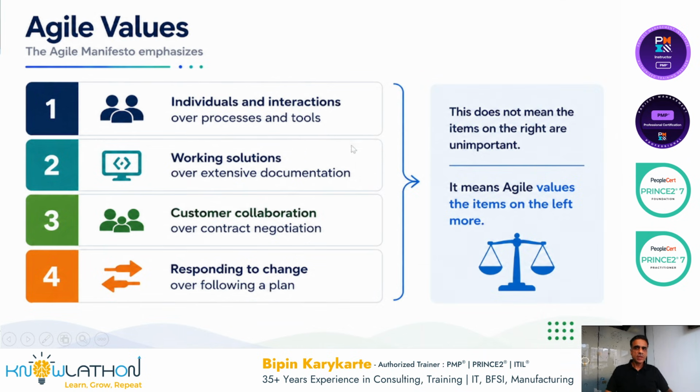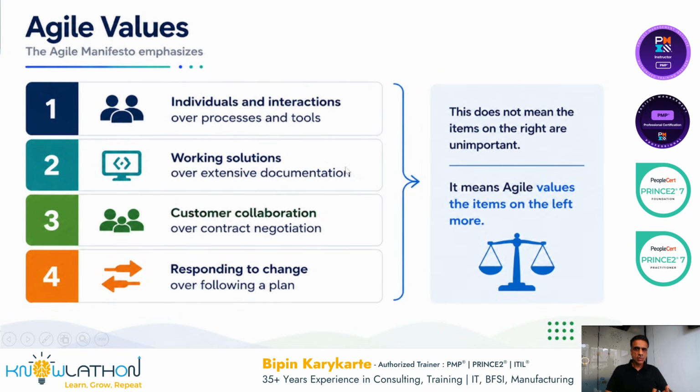Okay. Now here one thing we need to understand is that the items in the upper lines are more important than the items in the lower lines. Okay, but that doesn't mean that we are not valuing the processes and tools. Just that we give more importance to individuals and interactions.